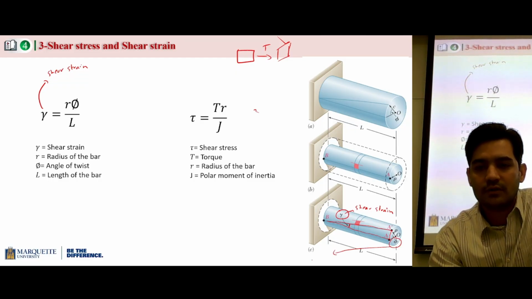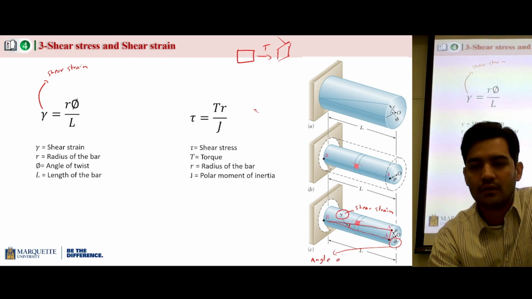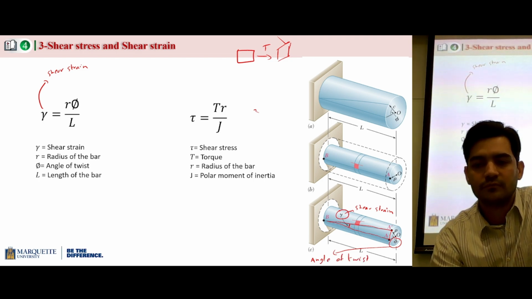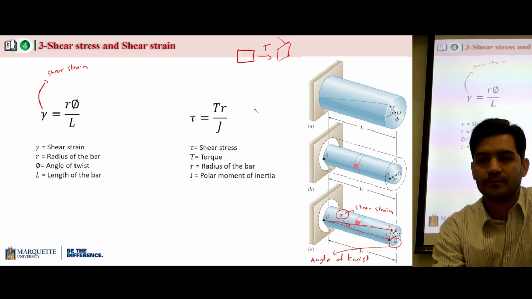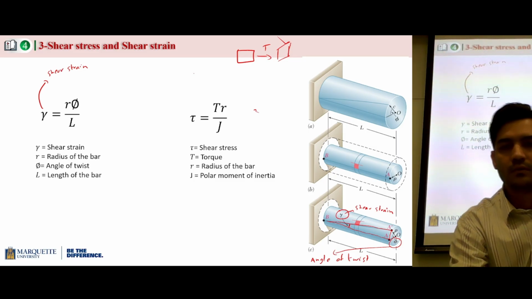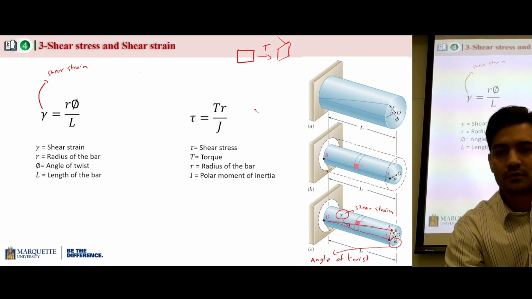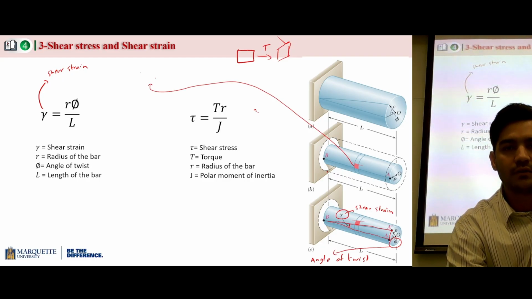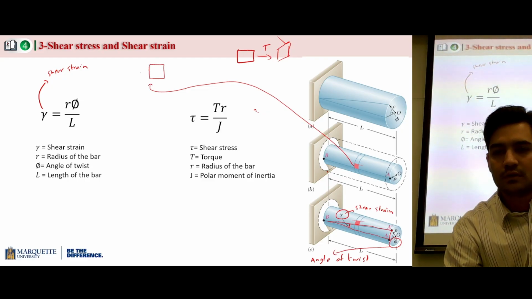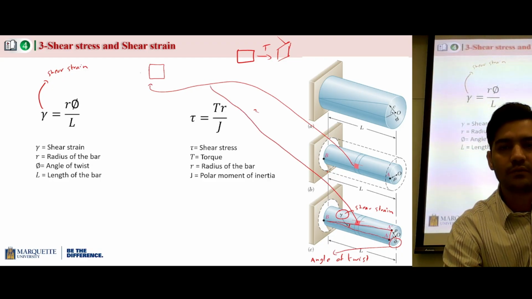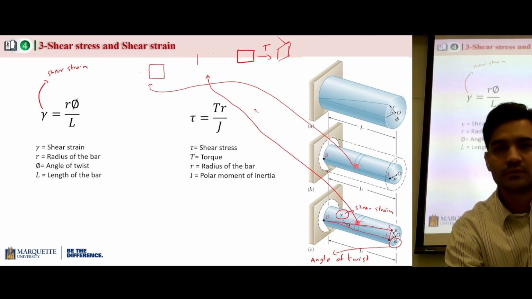And this is called the angle of twist, which is the actual twisting. So I'm going to take this out and draw it here, which is the change in shape.